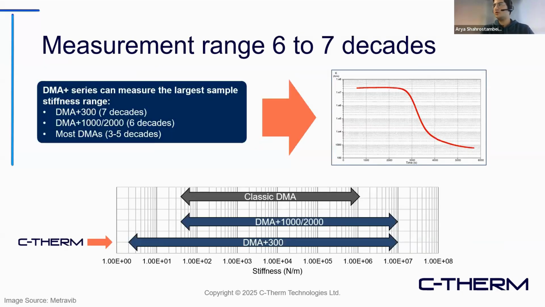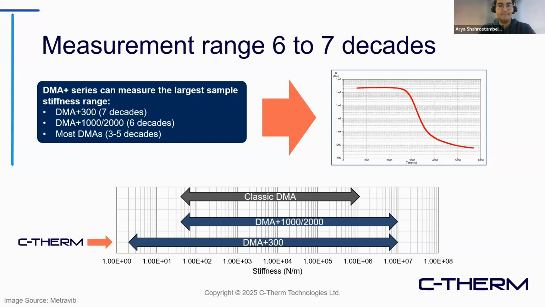So moving forward, talking a little bit more about the capability of Metravib DMA. As you can see in the chart here, classical DMAs cover a limited range of stiffness, something around 100 to 10 to the power 6 Newton per meter.